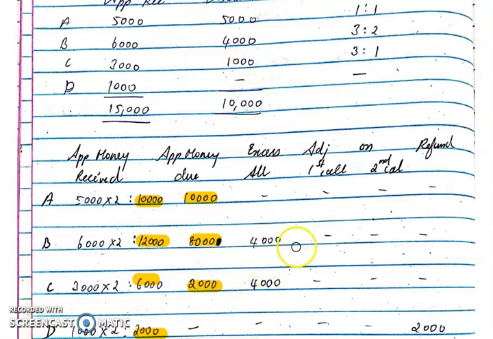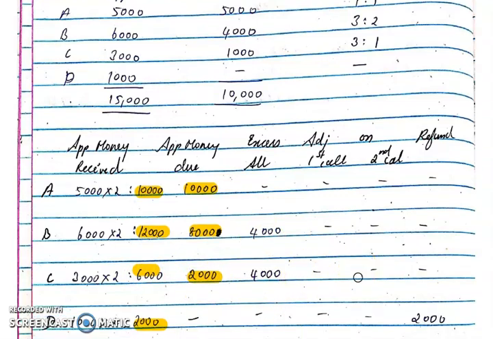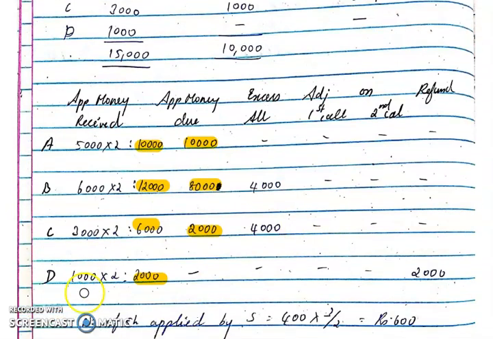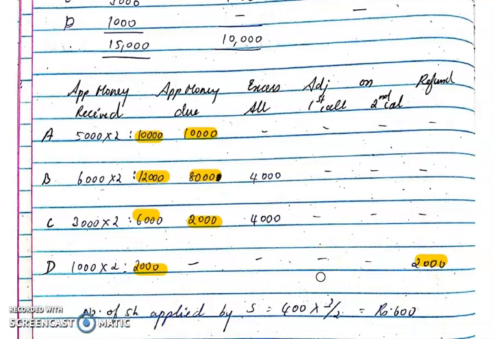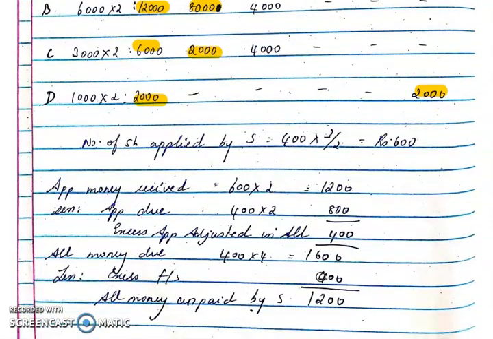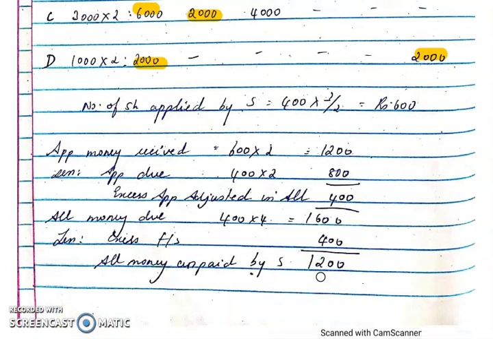So what is the remaining? 12,000 minus 8,000 is 4,000, which will be excess. Then 6,000 minus 2,000 is 4,000, which is also excess. Other than that, the 2,000 we know already will be the rejection, so refund of money.